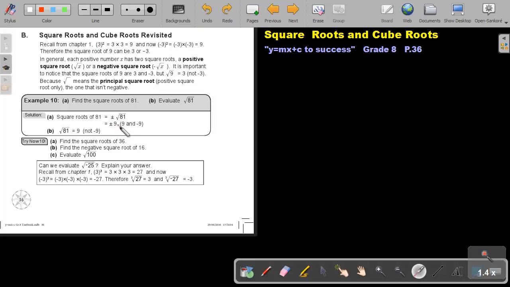And that gave me an answer of positive 9 as well as negative 9. Because in positive 9, you said 9 times 9 will give me 81. But negative 9 times negative 9 will also give me 81. But if I just show you the symbol, I'm only interested in the positive part. It's the principal square root. So then it's just 9 and not negative 9.